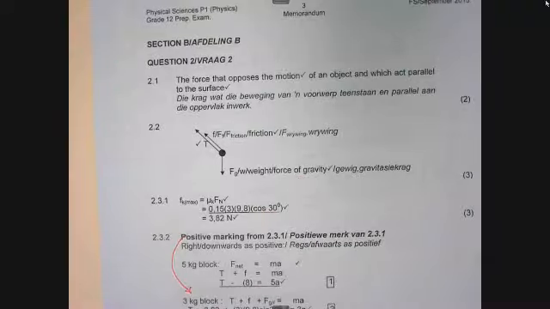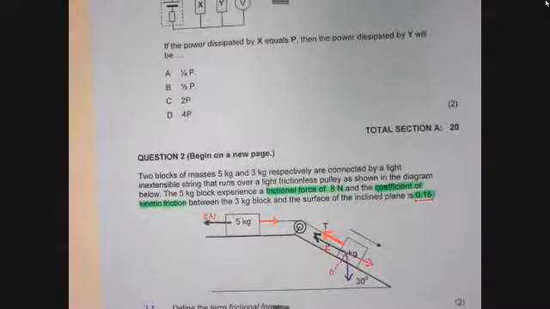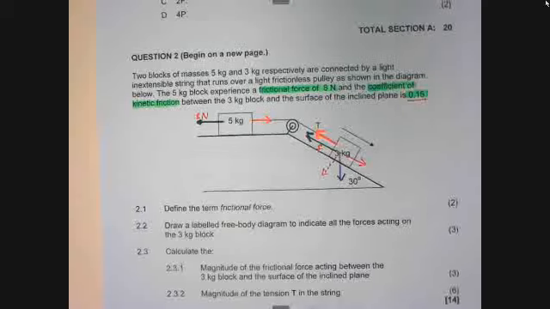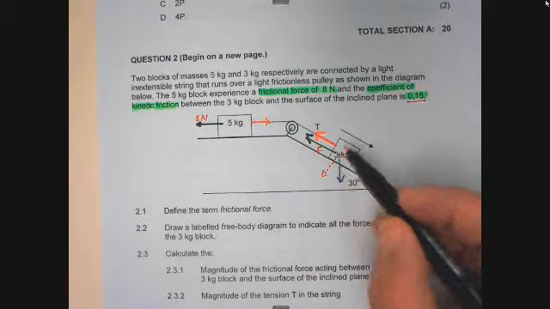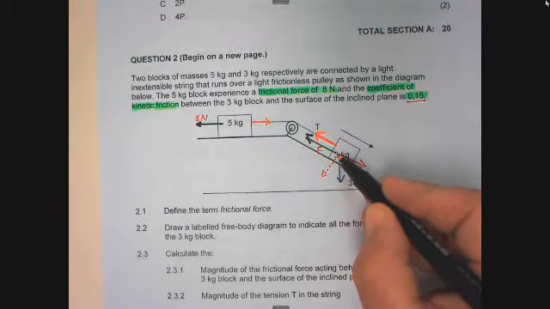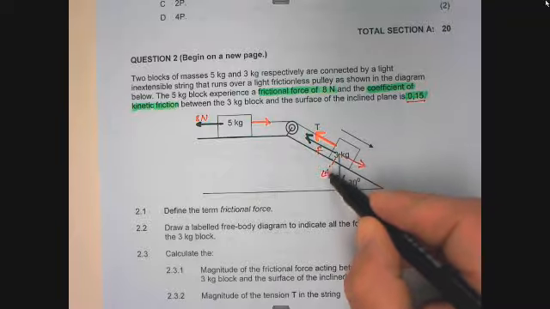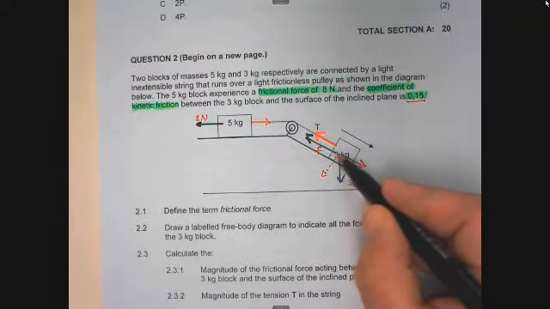Right, then to the calculations. Calculate the magnitude of the frictional force acting between the 3 kilogram block and the surface of the inclined plane. Because it's an inclined plane, you will know that the normal force is equal to the force perpendicular to the surface.